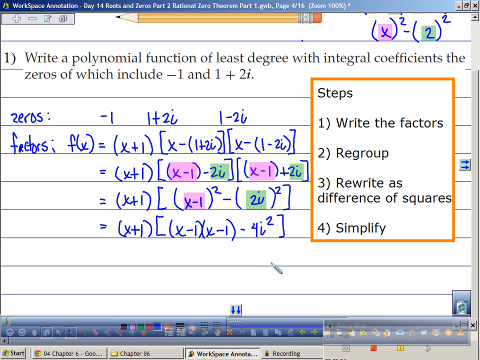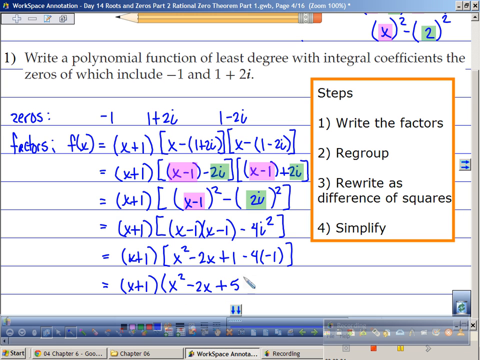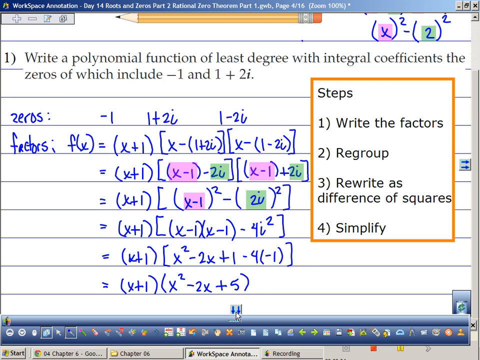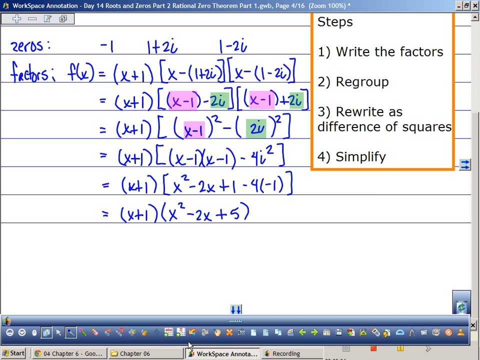You have to be nice and organized with this. x plus 1, x squared minus 2x plus 1, minus 4 times negative 1. We'll make sure we do all of our steps. Equals x plus 1 times x squared minus 2x plus 5. What could I use now?